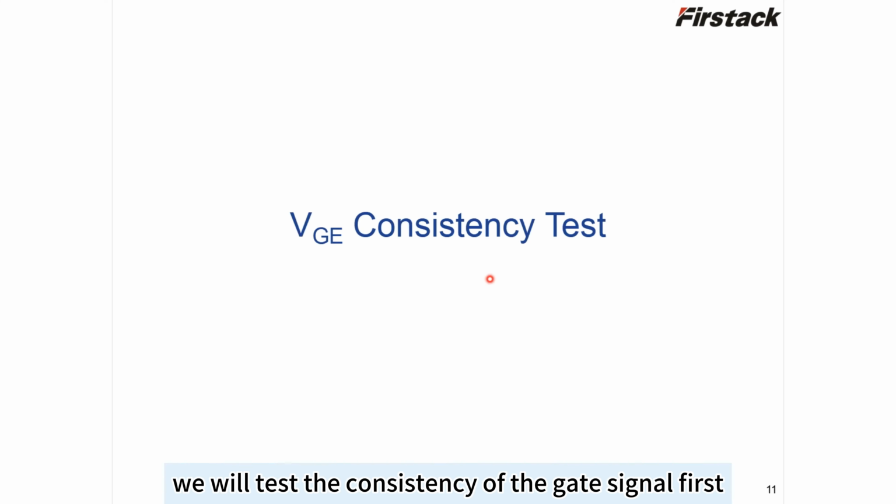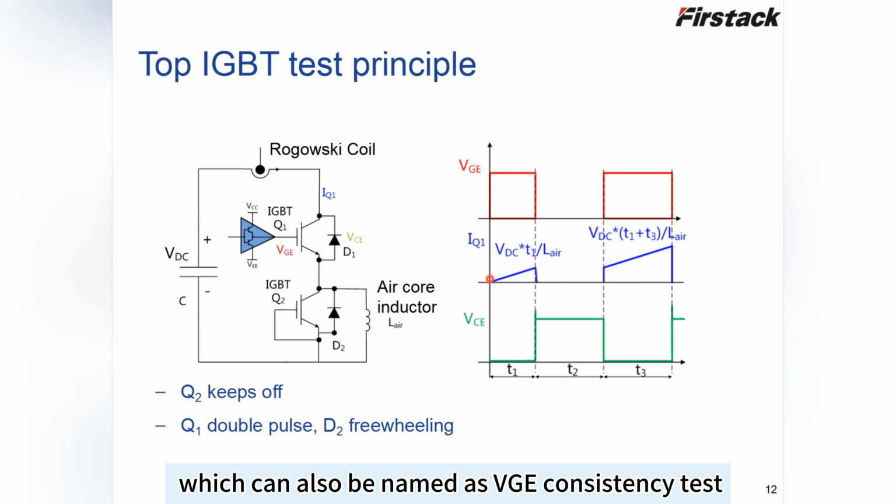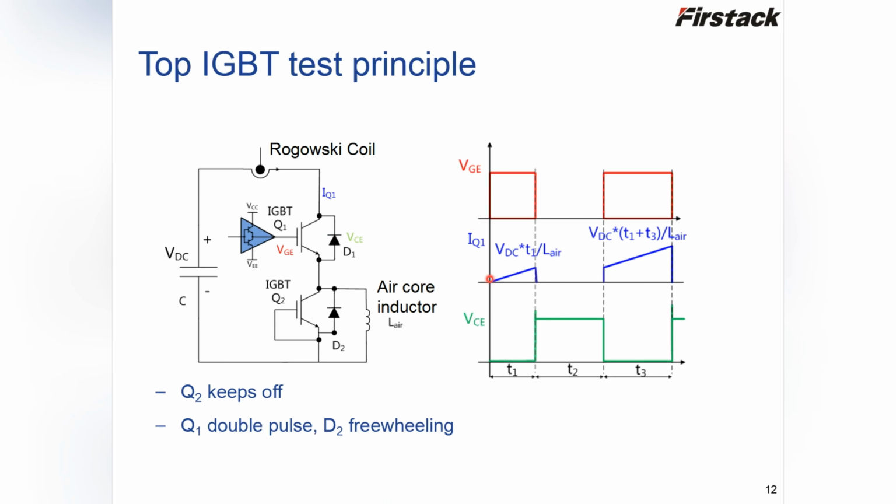We will test the consistency of the gate signal first, which can also be named the VGE consistency test. Go to the next slide. This is one half bridge from the parallel modules.